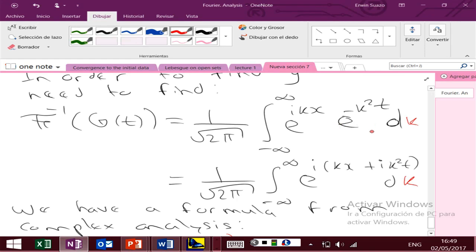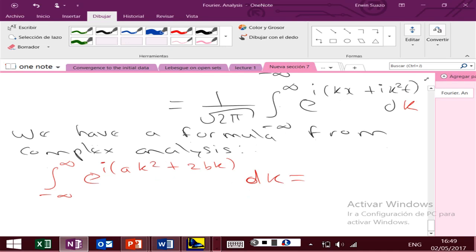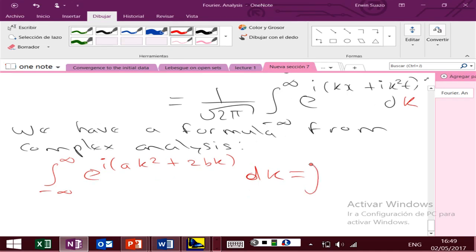That's the rule: if I integrate with respect to k, k disappears. So I need x and t because I need my original function. This has a really nice formula: square root of pi over i a, times e to the minus i b squared over a. I love this formula because my first paper was using this formula, so it simplifies things a lot.